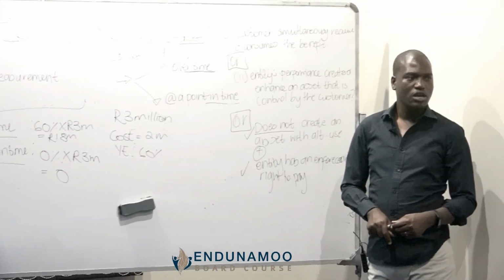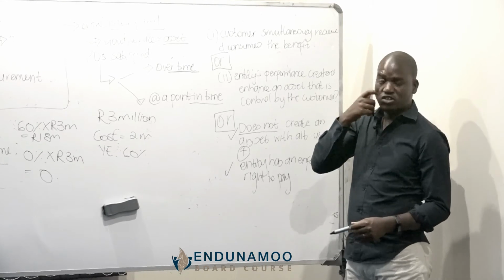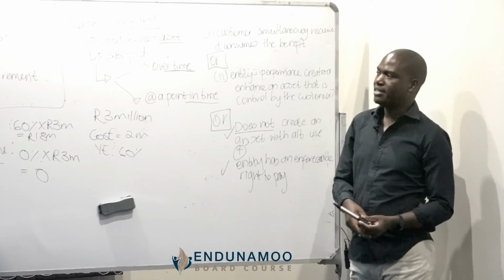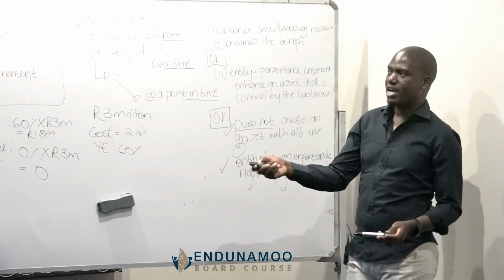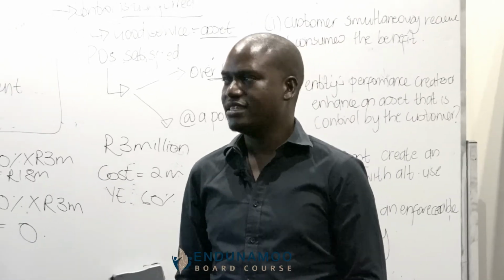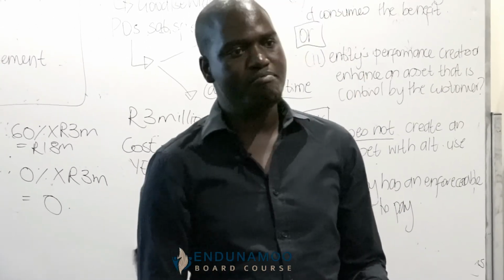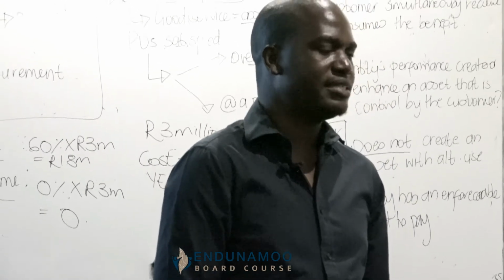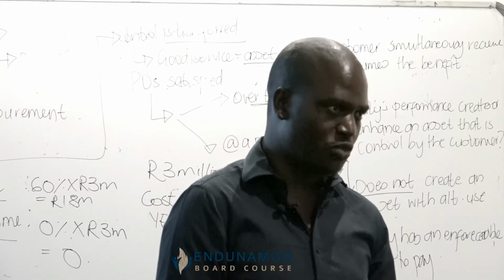And therefore, this is an obligation satisfied over time. But for part B, we are saying that the profit margin of 20% is not a reasonable profit margin in terms of B9. As a result, we are arguing that condition number 2 is not met.